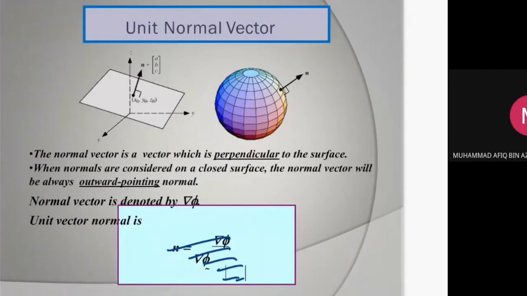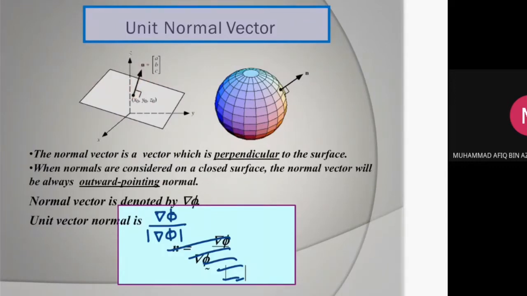The unit normal vector is equal to gradient phi over the magnitude of gradient phi. The normal vector is a vector which is perpendicular to the surface. So this is your surface, then this is the normal vector. The normal vector must be 90 degrees to the surface.